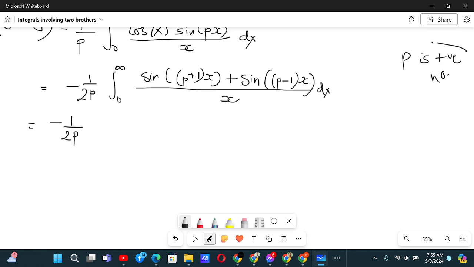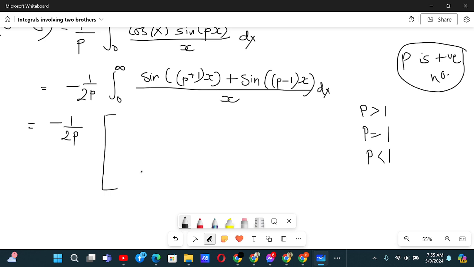Since p is a positive number, p plus 1 will always be positive, no doubt what p is. But over here it depends on the condition. If p is greater than 1, then p minus 1 is positive. If p is 1, then p minus 1 is 0. If p is less than 1, then this thing is negative. So the value of the integral depends on the cases.